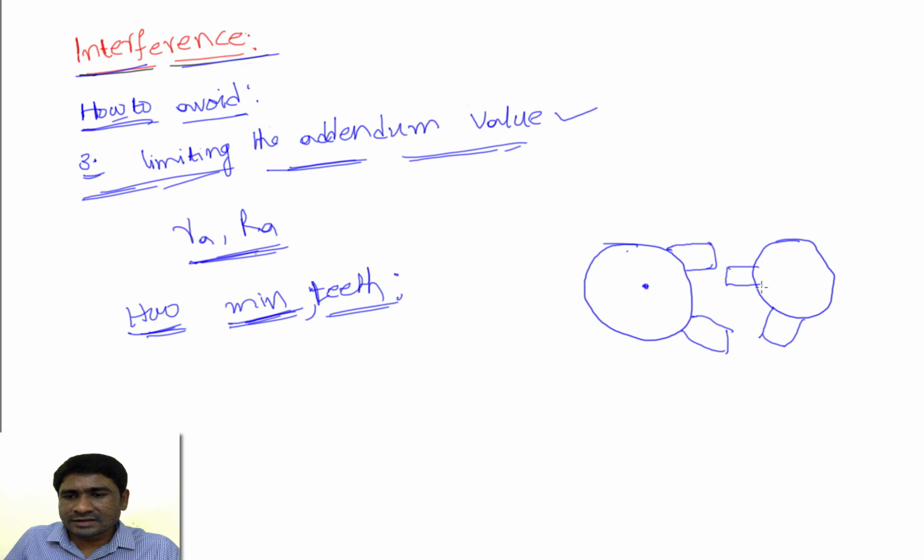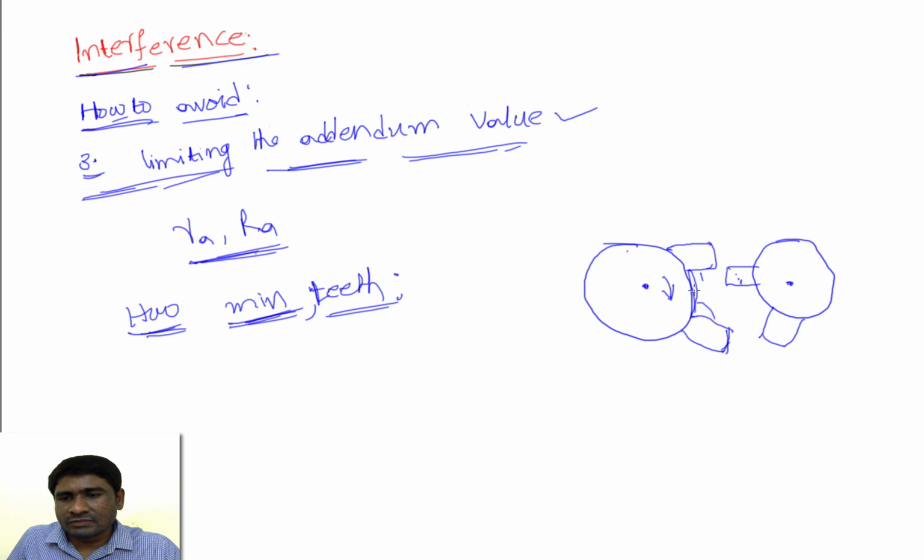And this center distance is very close, then what happens, this will touch here when it is rotating like this, and after that there won't be any motion until it touches again the next tooth on this one. Meanwhile, because of this gap between these two, it may come and touch the base circle.